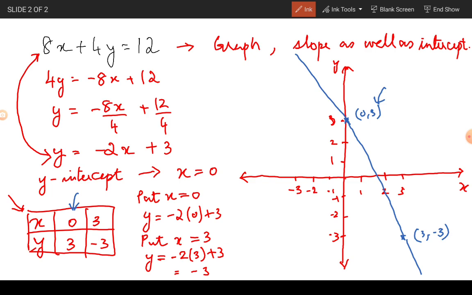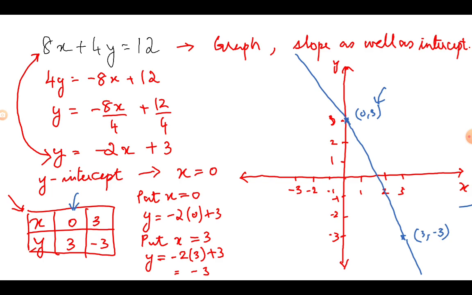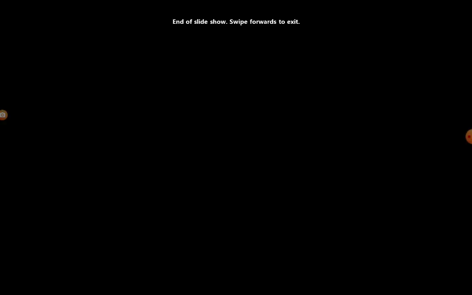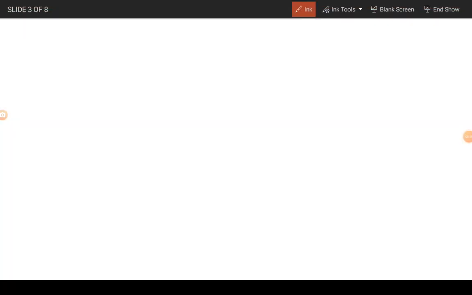But I just want to show you another alternative method to calculate the slope of the same function. The formula is m, or the slope, is equal to change in y by change in x.